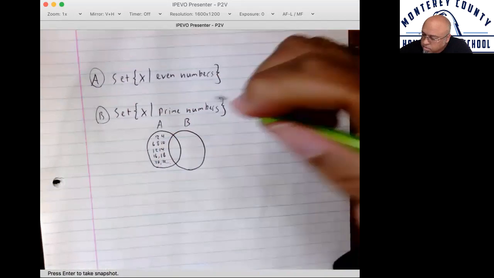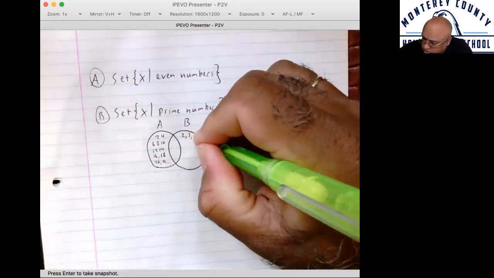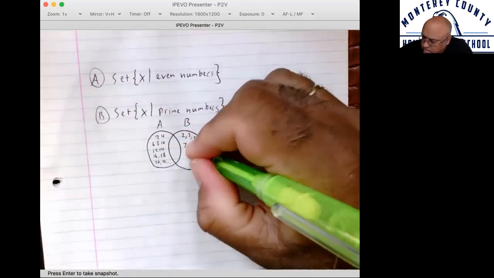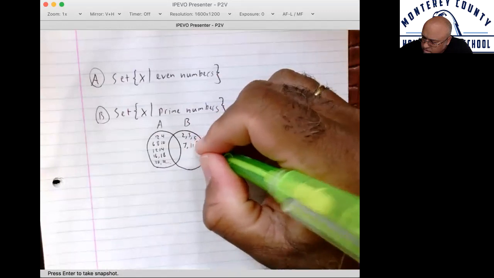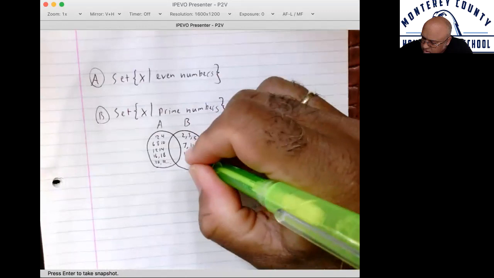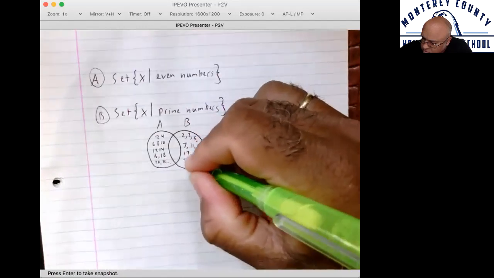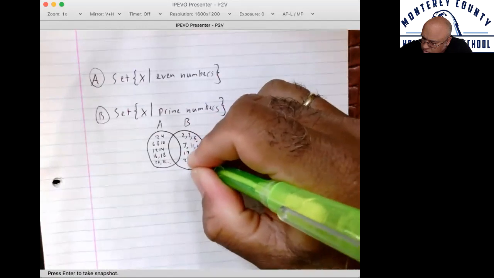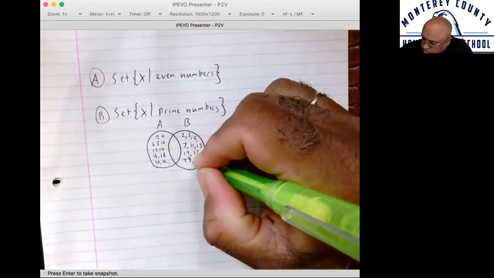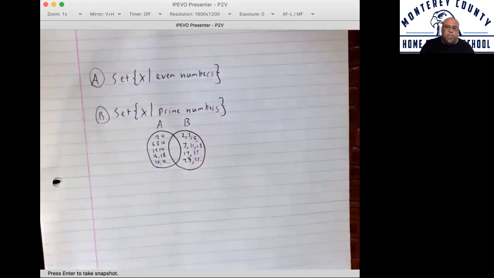Now for prime numbers, I have 2, 3, 5, 7, 11, 13, 17, 19, 23. I think the next one's 29, and I'll just put dot, dot, dot, to show that the numbers continue.